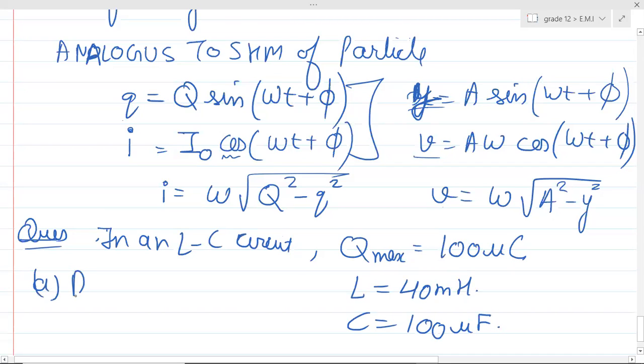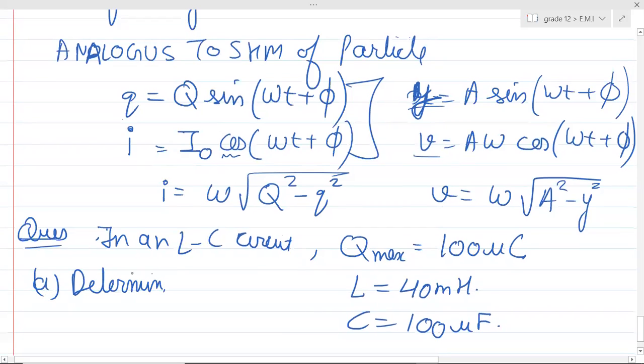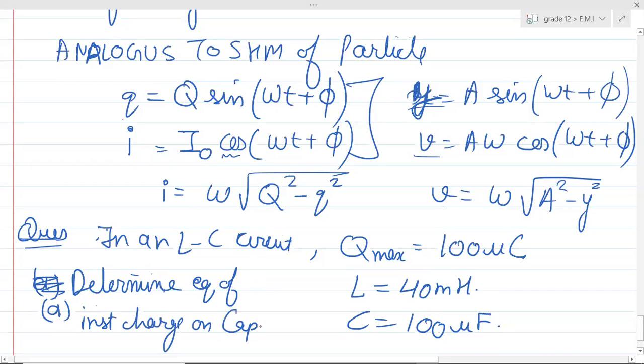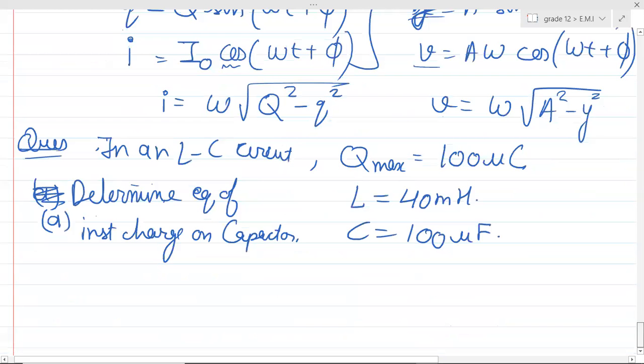Now the question is: determine the equation of instantaneous charge on the capacitor and instantaneous current in the circuit.